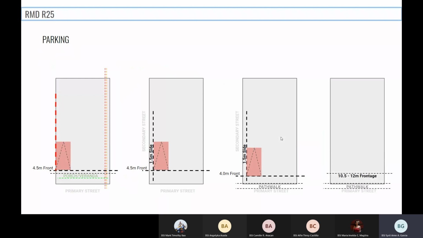Fourth condition: facing the primary street still, there is a pathwalk, and the frontage of our lot measures from 10.5 to 12 meters.